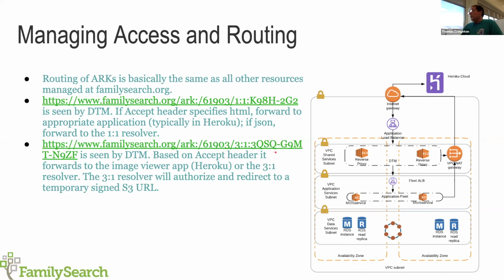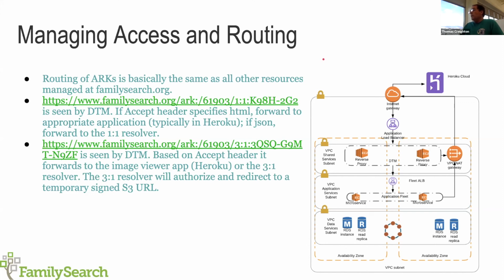The image of the original census sheet would come in to a fleet of microservices handling images, and they know how to look up that image in a particular resolution, if there are other parameters, and it will return a signed S3 URL that a client can then resolve immediately.